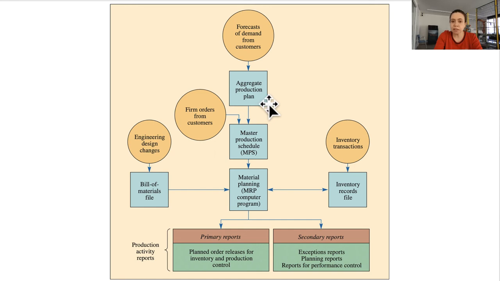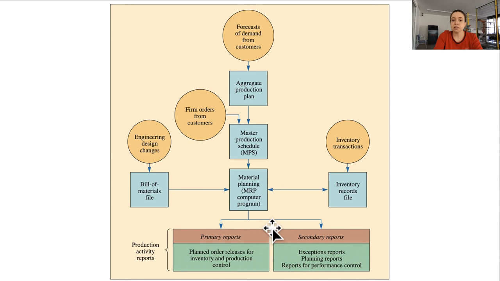And this aggregate production plan and orders from the customers, in fact, create the MPS. And also besides MPS, bill of materials and inventory records file are other inputs of MRP systems. I will talk about these two inputs in more detail, bill of materials and inventory records.